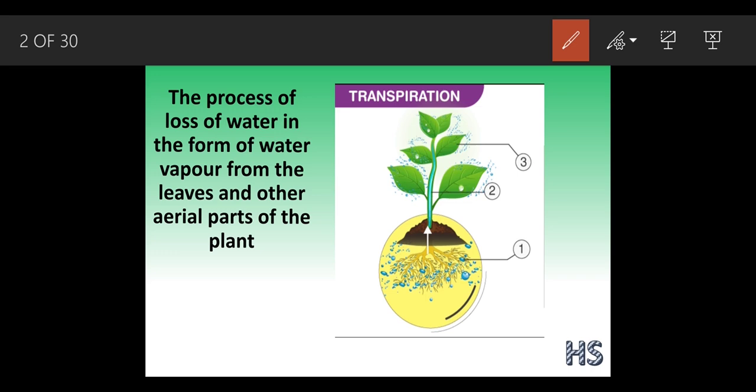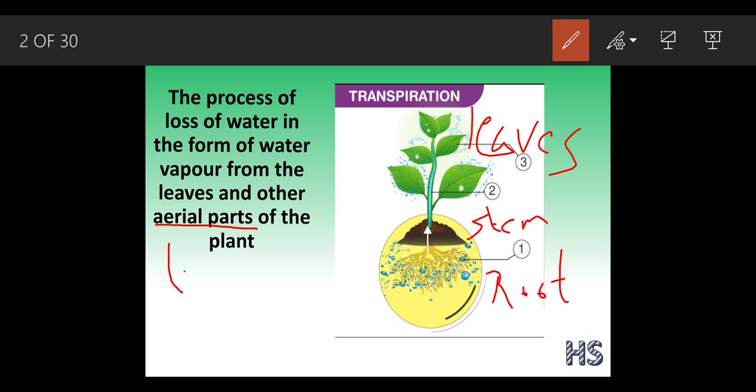What do you mean by the word aerial parts of the plants? See, this one is the roots, this second is the stem, and the third one is the leaves. The word aerial means the above part.